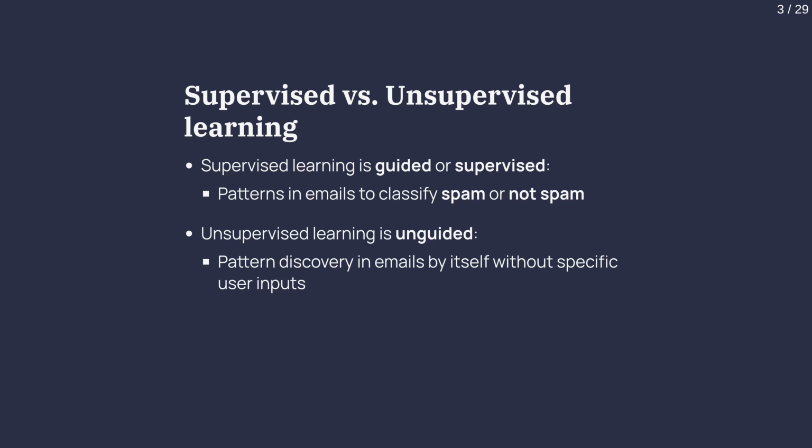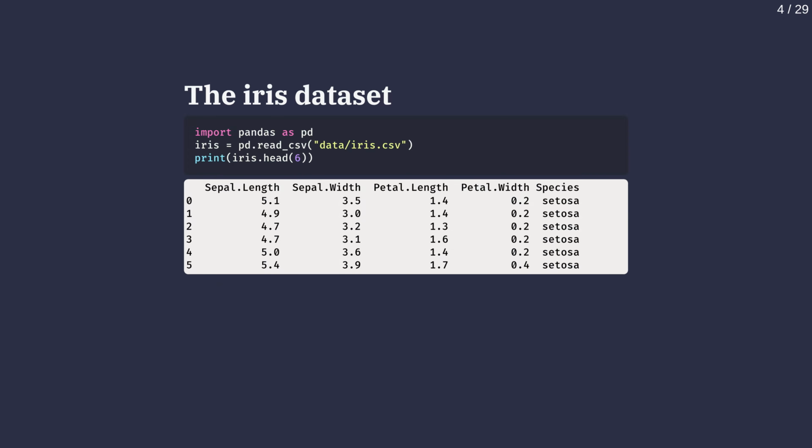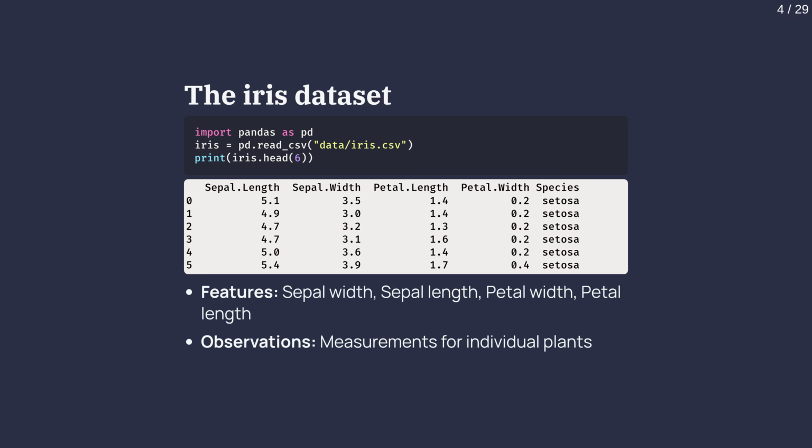Let's take an example. Let's take a look at this iris dataset. We will import the data first and look at the different columns it contains. The iris dataset consists of measurements of 3 species of iris flowers. There are 4 measurements: petal length, petal width, sepal length, and sepal width. The iris dataset is a 2-dimensional NumPy array.